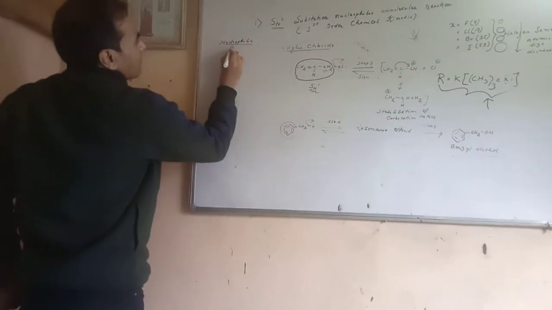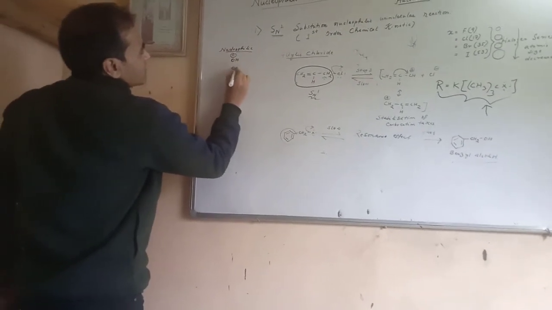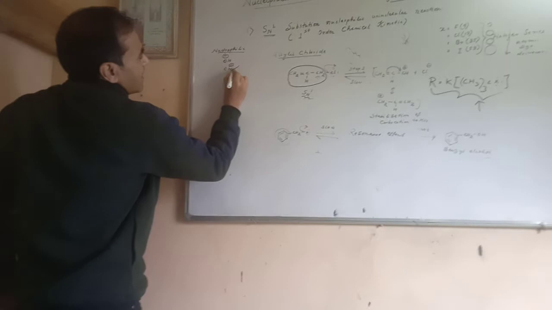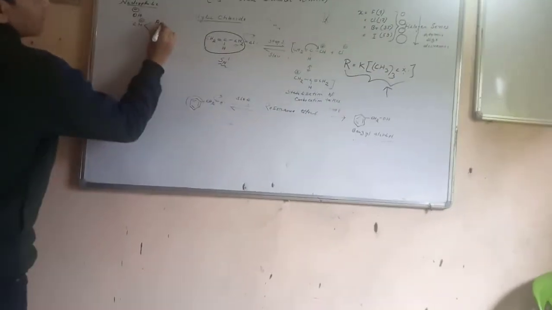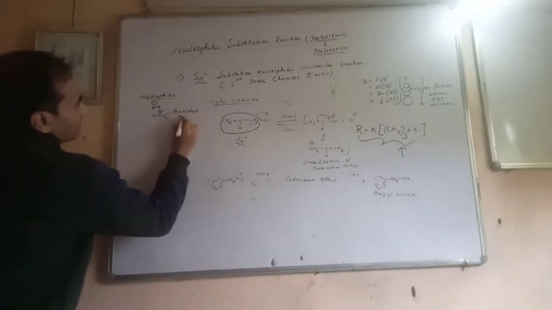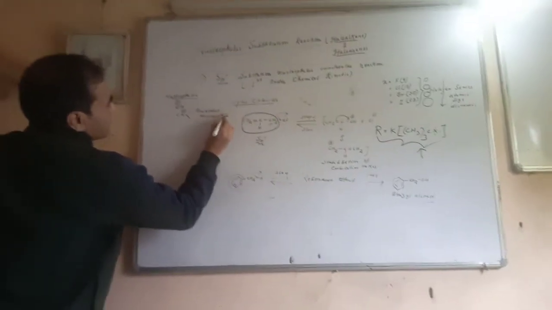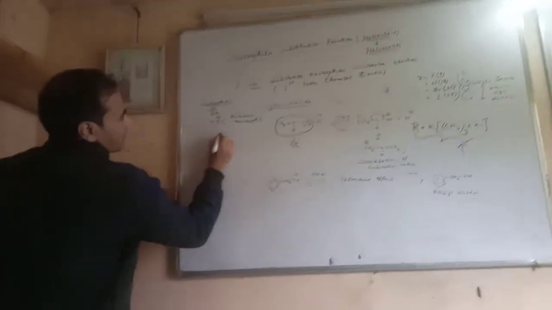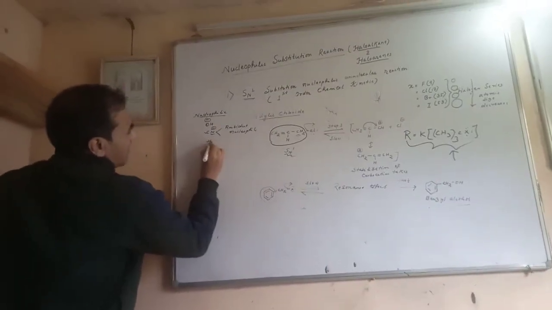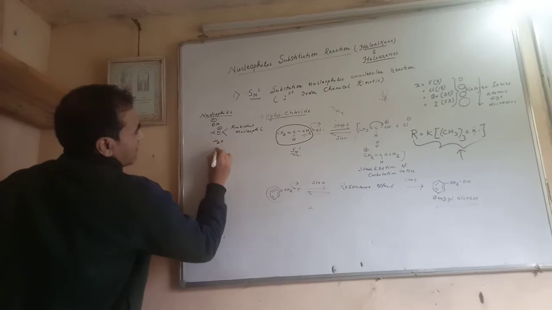Hydroxide. Then you have the cyanide. Now cyanide is also called an ambident nucleophile. Why is it called an ambident nucleophile? Because the attack will take place from this center also. Then water also acts as a nucleophile.